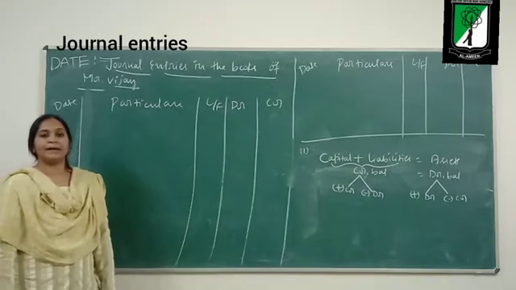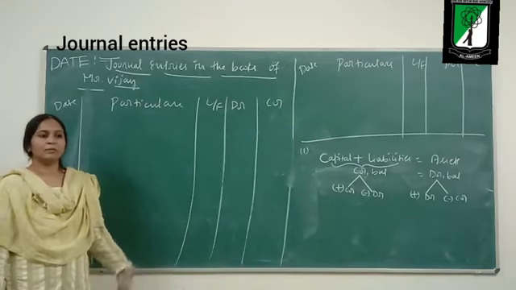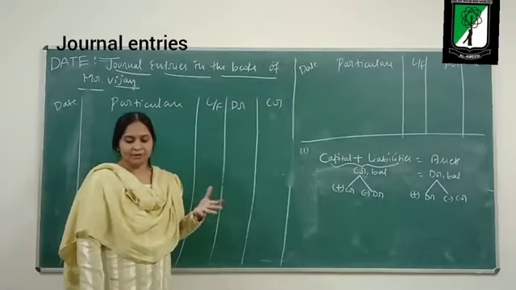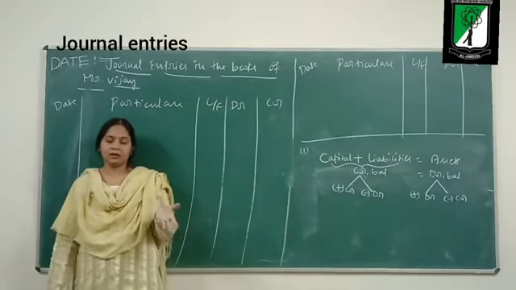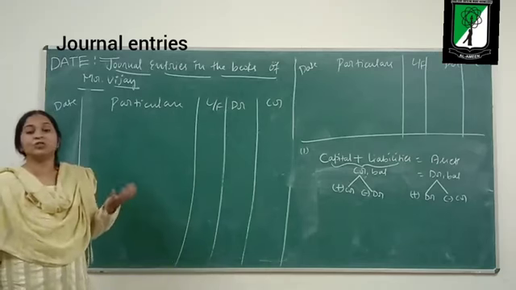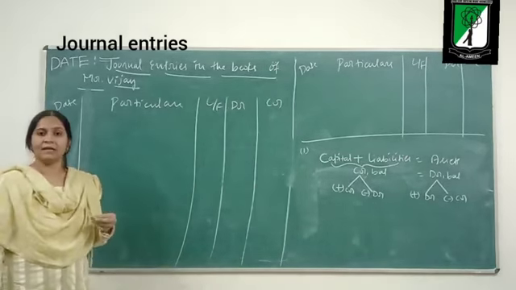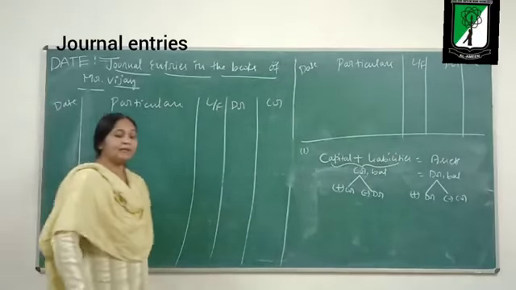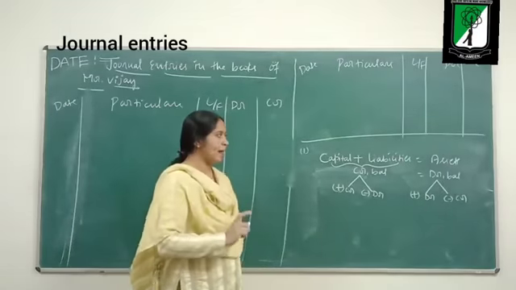Now cash paid to Sheila. What business is paying cash to Sheila? For example, if you are giving money to help your friend, and in future she has promised to pay that money back.